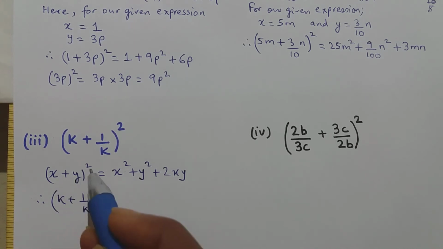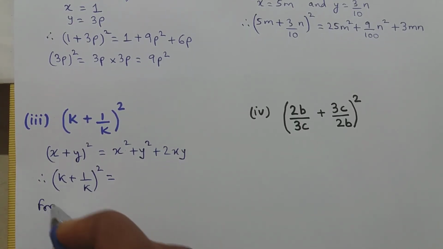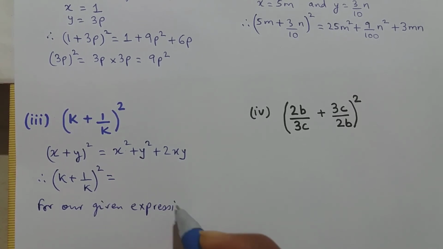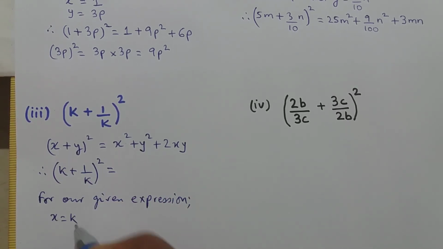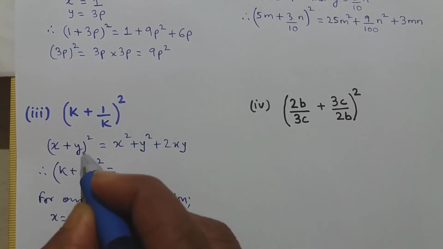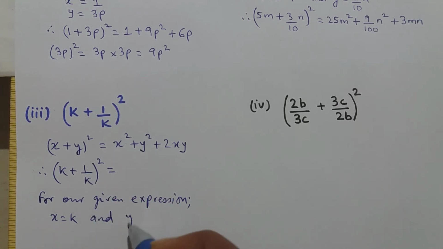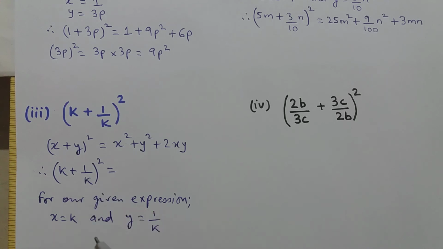So for our given expression, x corresponds to k and y corresponds to 1 by k. And now we are going to use this algebraic identity to expand our given expression.